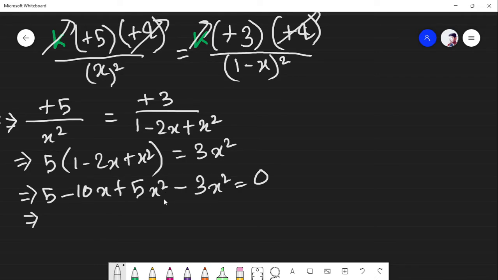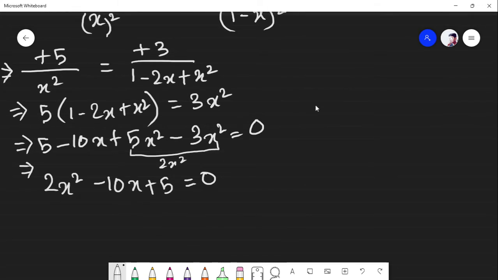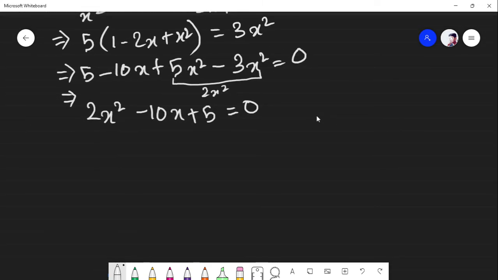So this will be 2x squared. Let's rearrange things. So 2x squared minus 10x plus 5 will be equal to 0. So now what we should do is just plug into the quadratic formula, since we cannot do the middle term split here.